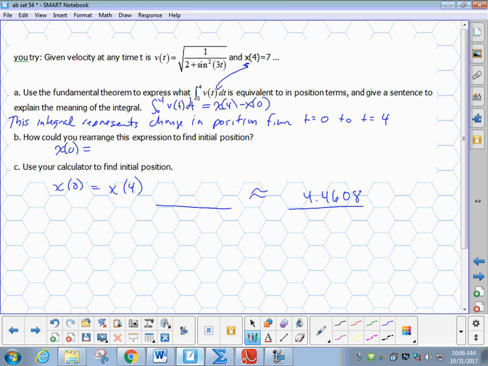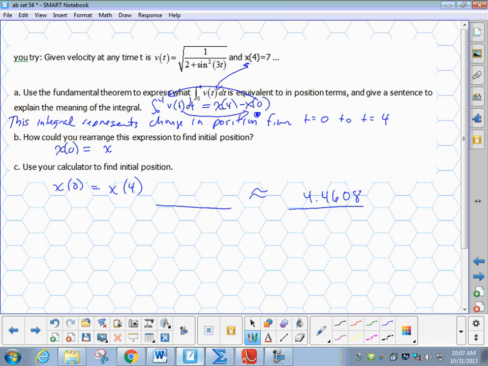Okay. How could you arrange this expression to find initial position? Now, this one's a little different because you're looking for starting position, not ending position. So it's not going to be just the same as the previous one. If I isolate that, then it's going to involve either moving that and dividing by a negative, or moving this and moving this back.